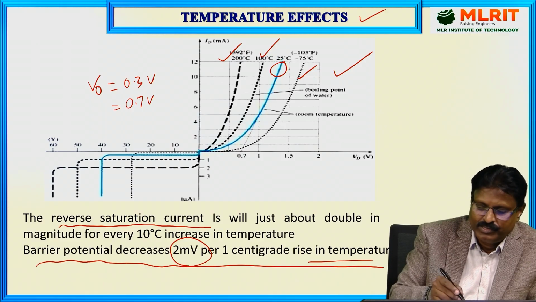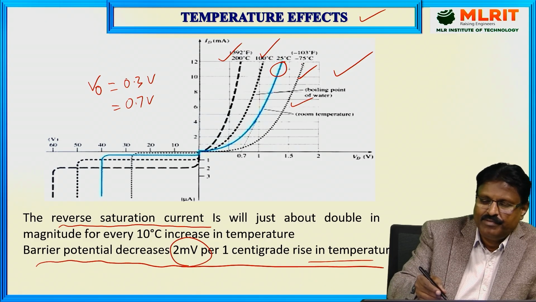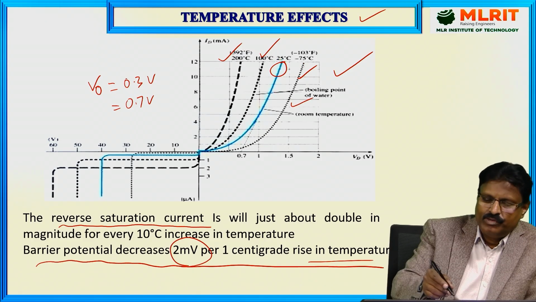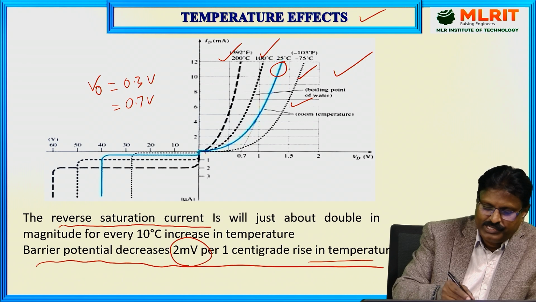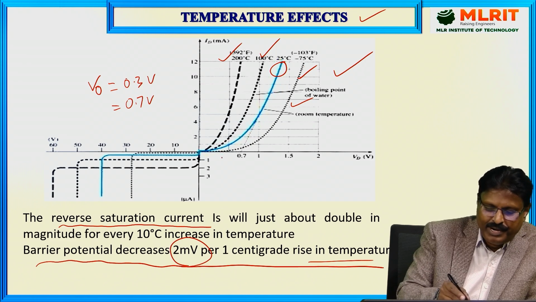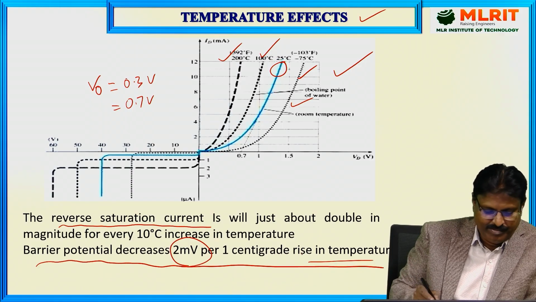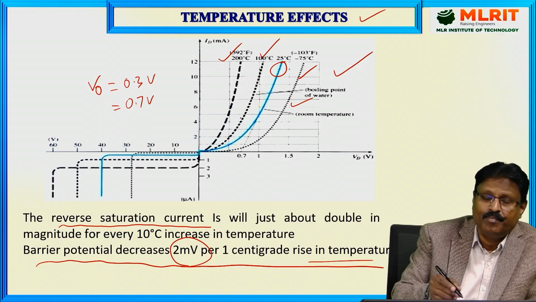Okay. So here, whenever the temperature is varying, let us take the first curve. The temperature is very, very less. So this is the reference curve. Let us take it at room temperature. This is the curve. So whenever the temperature is increased, the barrier potential will be decreased.